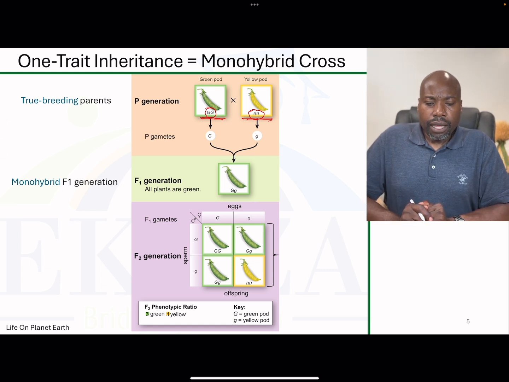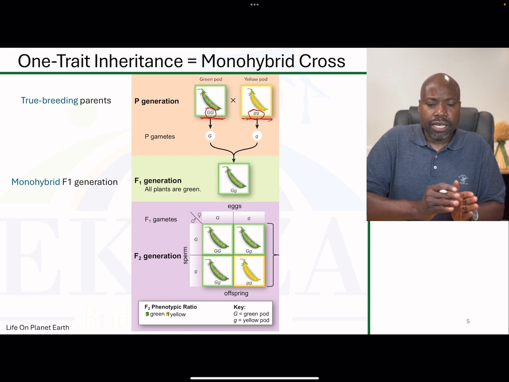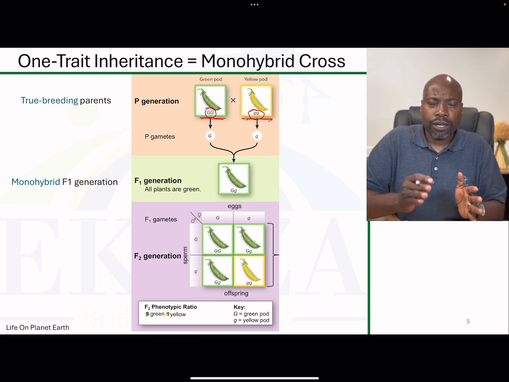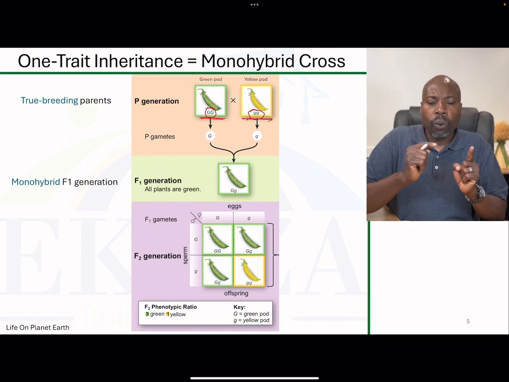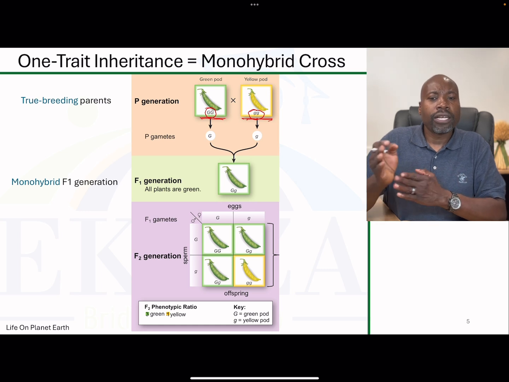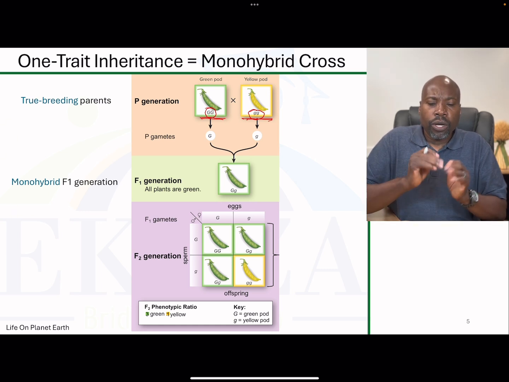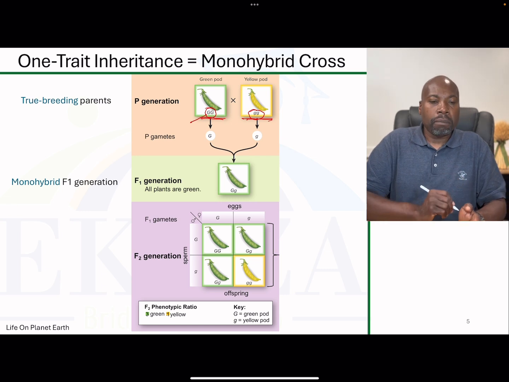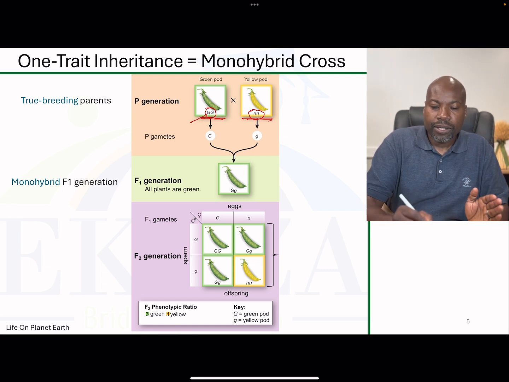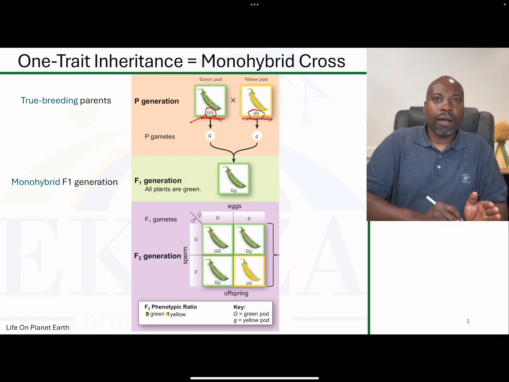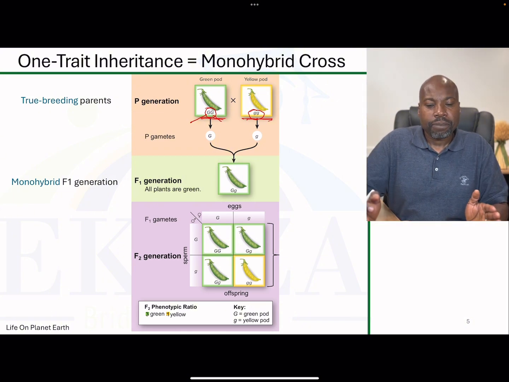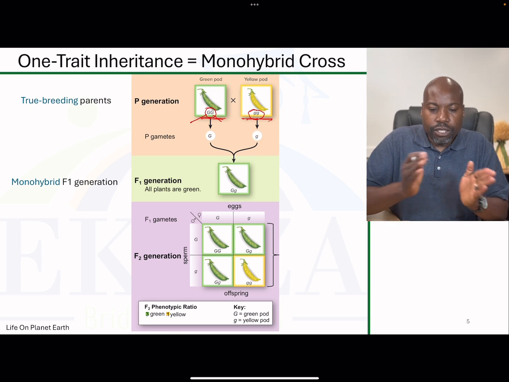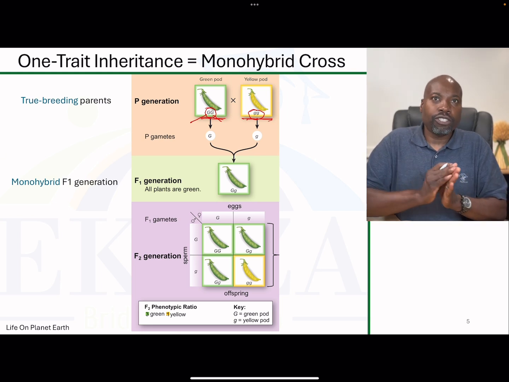So this capital G and lowercase g represent actually the factor that explains why the color of the pods are green or yellow. That represents one G coming from one parent plant and another G coming from the second parent plant, right? This is also true for the lowercase g.